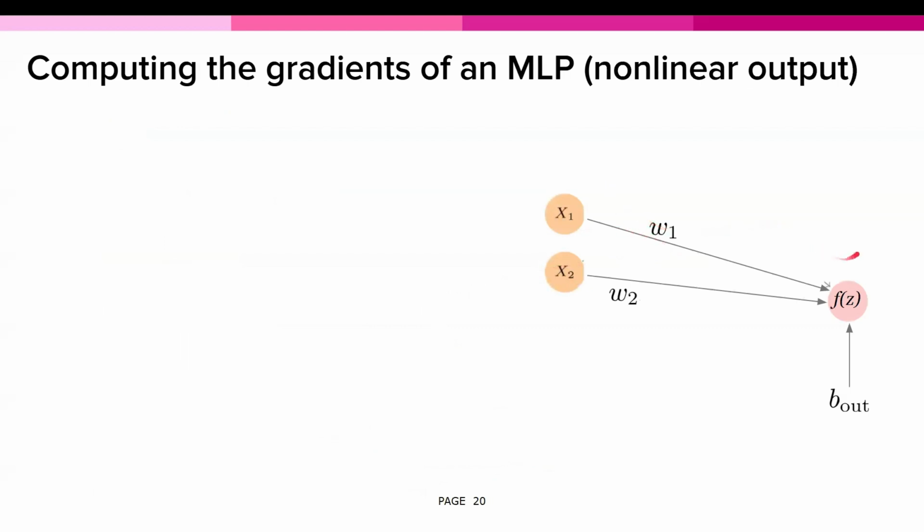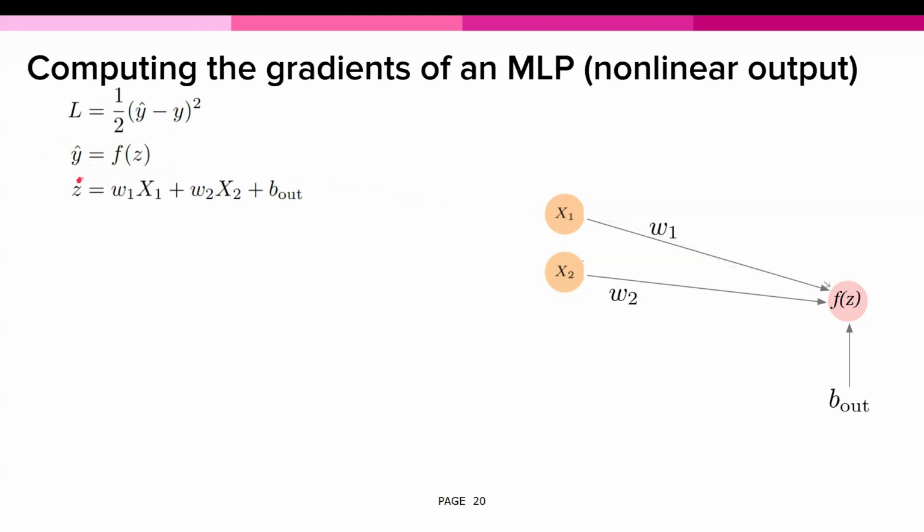Let's now consider a slightly more complicated example where the output is a nonlinear function of z, as is more generally the case in these neural networks. We'll still use the squared loss, but now y hat is some function f of z, and we'll be agnostic about what exactly f is.